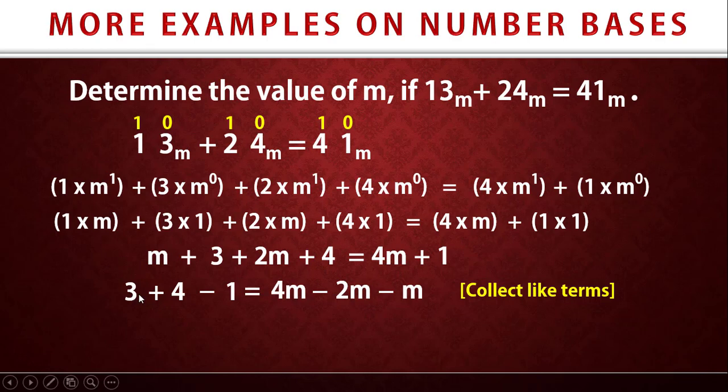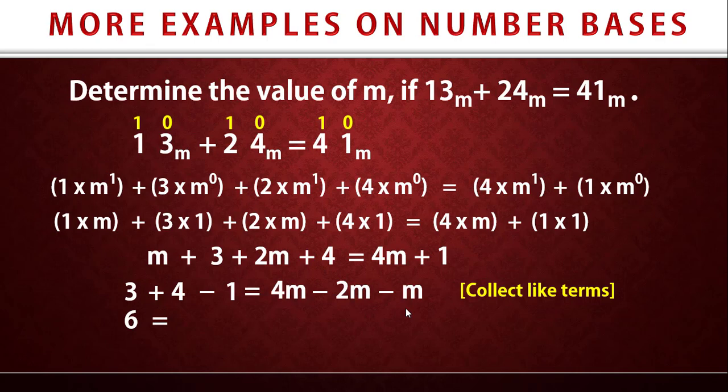So 3 plus 4 gives 7, and 7 minus 1 gives 6. Then equals to 4m minus 2m, which gives us 2m. Then 2m minus m gives us m. Don't be confused there: m means 1m, so 2 minus 1 gives 1.